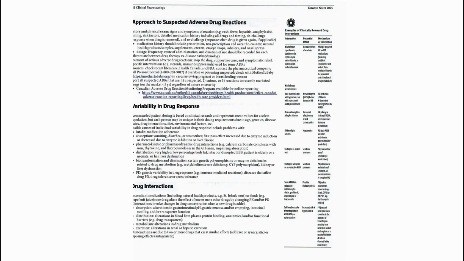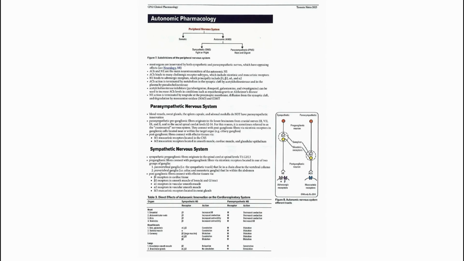Drug interactions can be pharmacokinetic or pharmacodynamic and may substantially alter drug safety or effectiveness. Familiarity with the common high-risk drug interactions, especially involving warfarin, rifampin, nitrates, SSRIs, statins, and potassium-elevating medications, is essential for safe prescribing. Now let's move on to the next page.